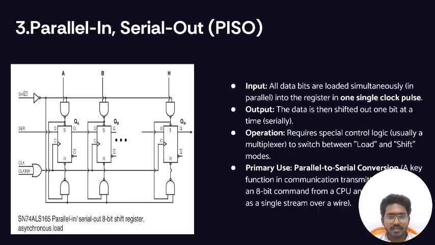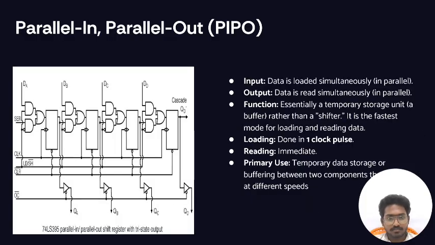Moving on to another slide. The PIPO register is the simplest conceptually. Both loading and reading are done in parallel. It is primarily used as a temporary storage unit or a buffer.